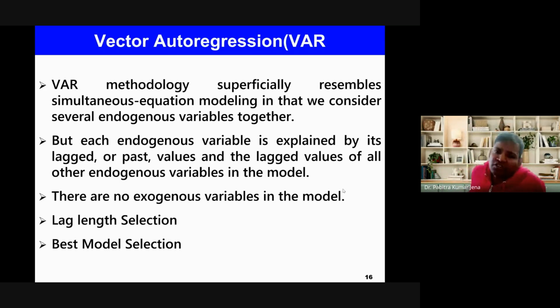In the impulse response function, suppose there are variables like money supply, inflation, and GDP. These are three variables, and apart from that you also have 6-7 variables.